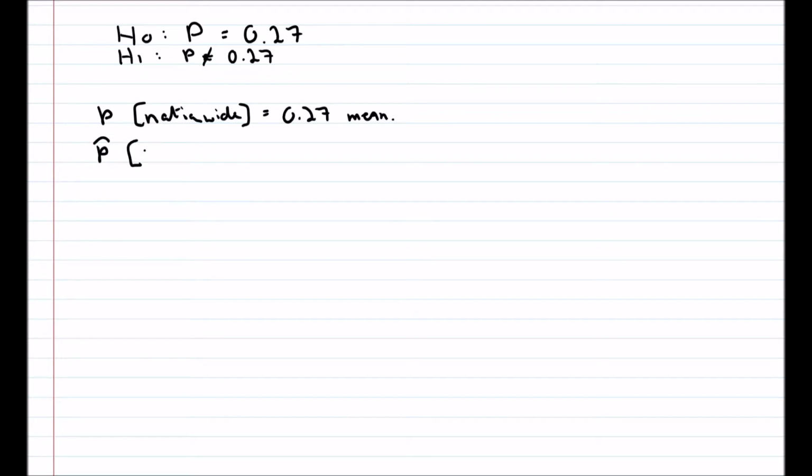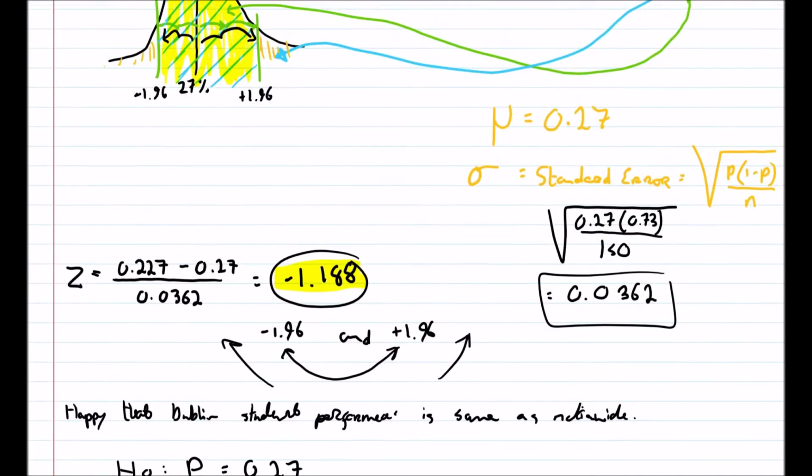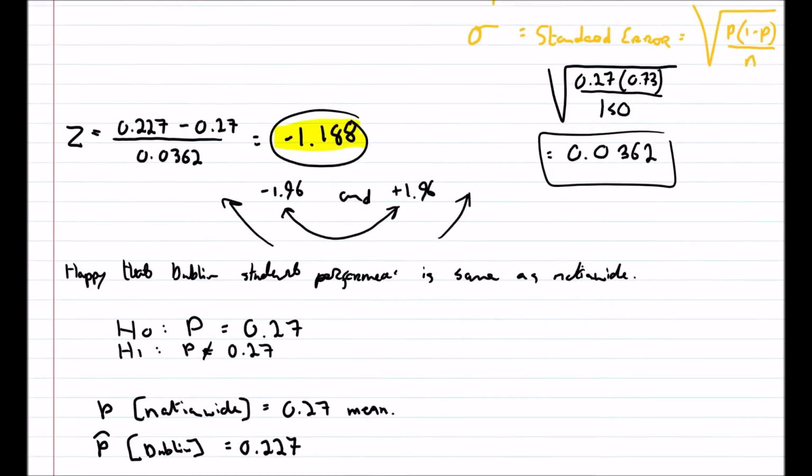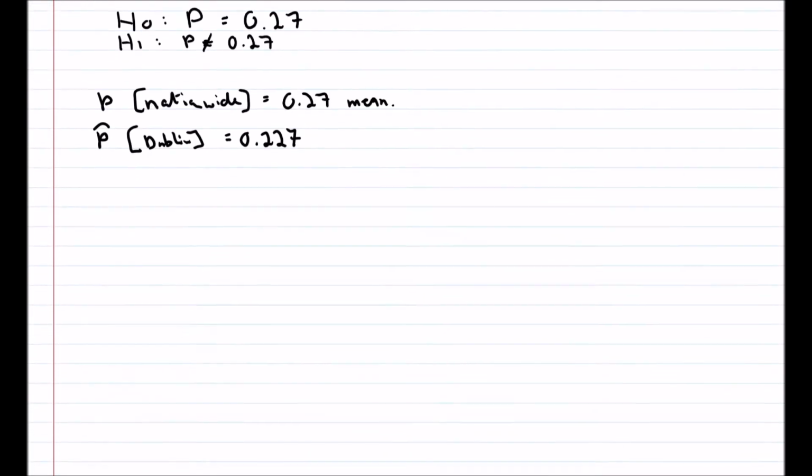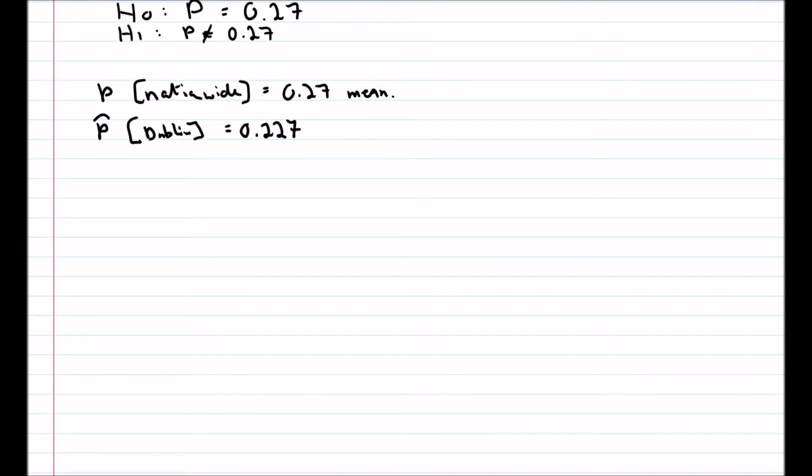Our p hat then for Dublin, which is the sample proportion, which we have to get, was 0.227, if I'm not mistaken. Yep. Okay, we had to get that because we didn't know the actual population for Dublin, and that got over a B.